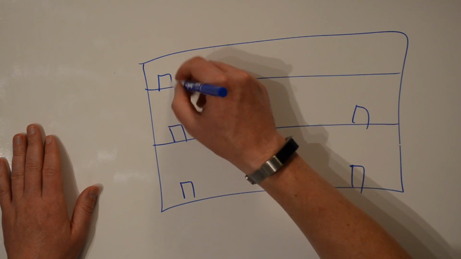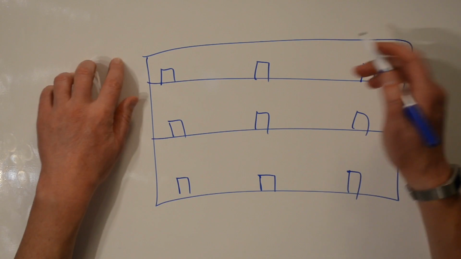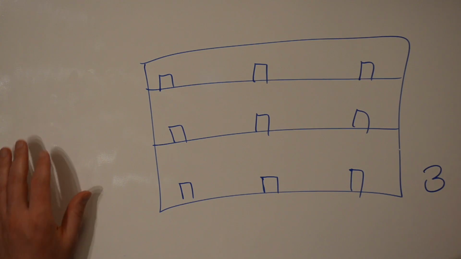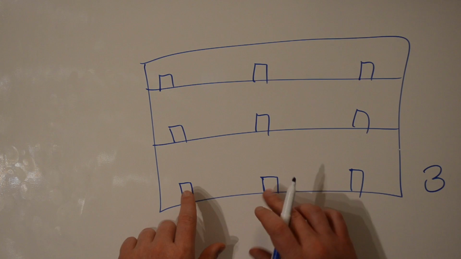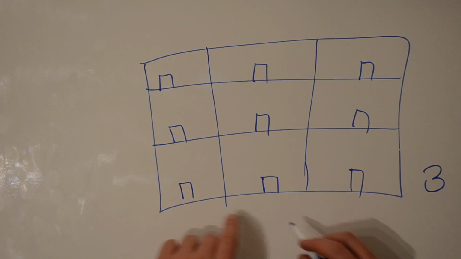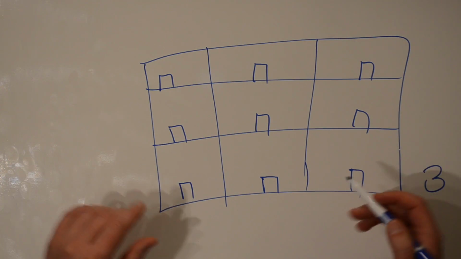This one's 3 stories. And now this whole apartment building has an address. We'll call this, has an address of 3. But there's lots of different units inside this apartment building. These units are like ports to an IP address.